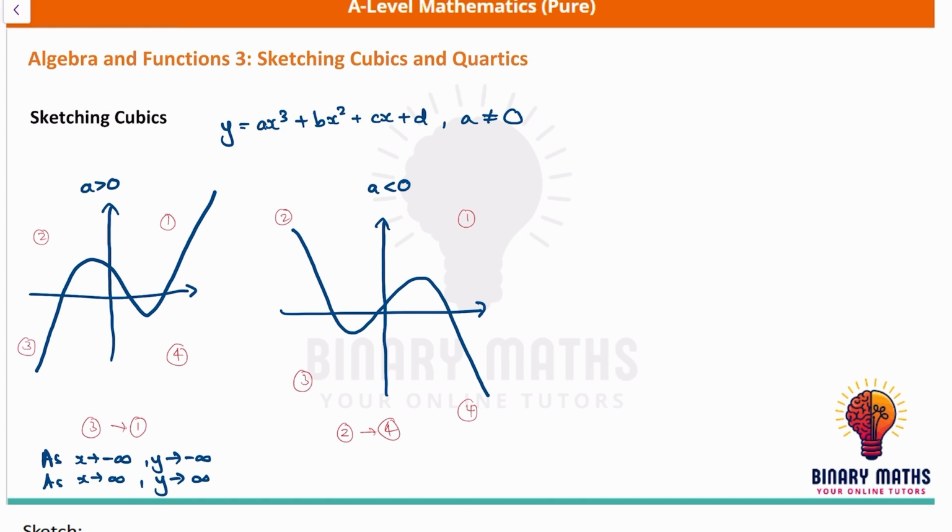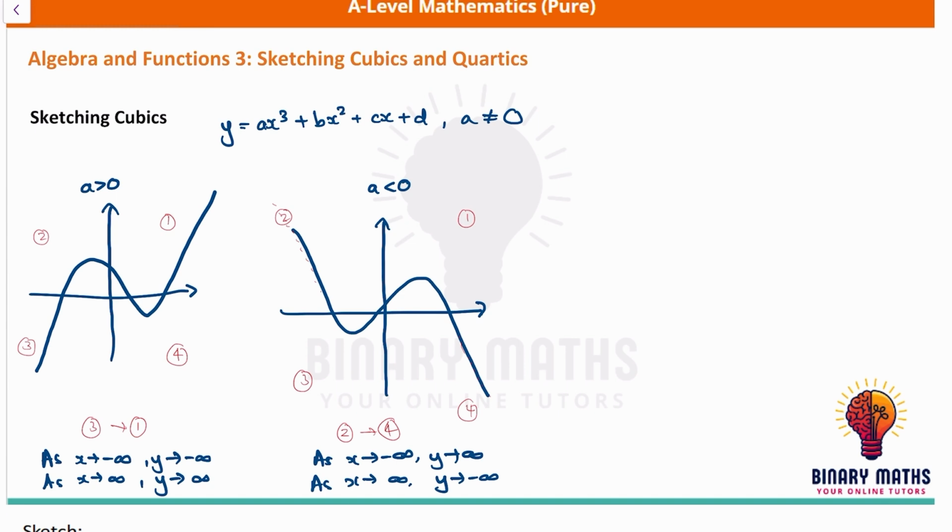Here, as x tends to negative infinity, y tends to positive infinity. So you can see as x is getting more and more negative, y is getting more and more positive. And as x tends to positive infinity, as x is getting bigger and bigger, y is getting more and more negative. So y tends to negative infinity.